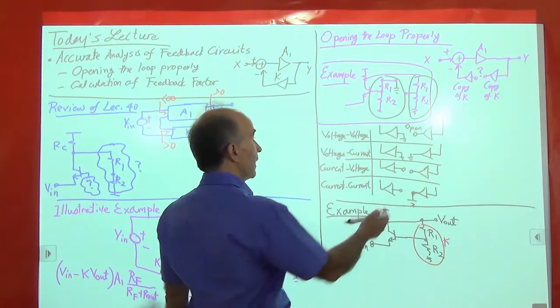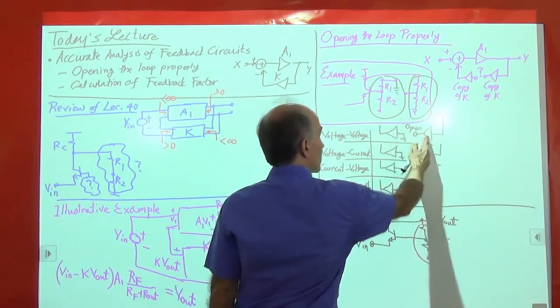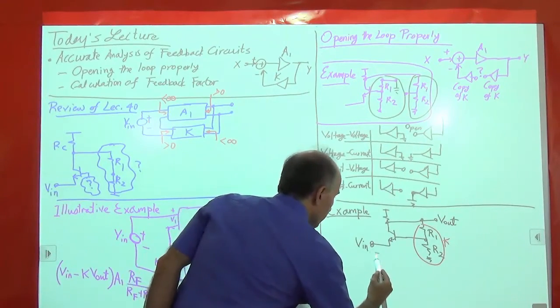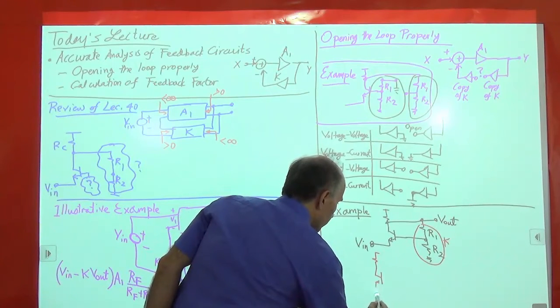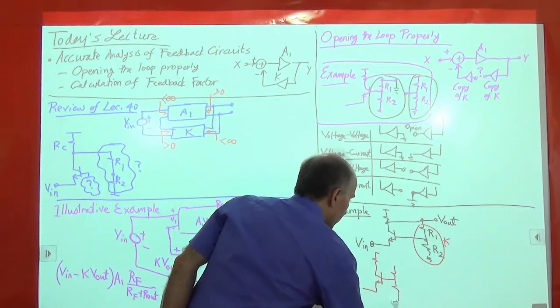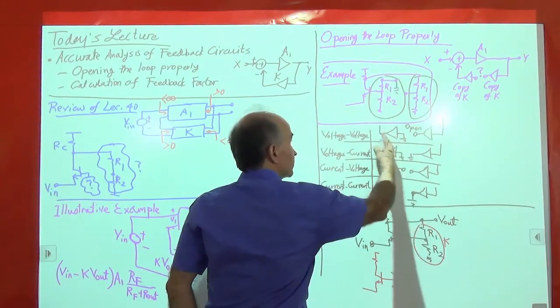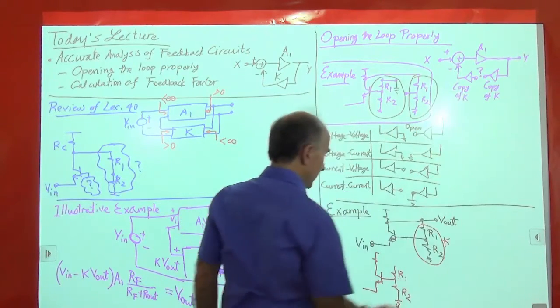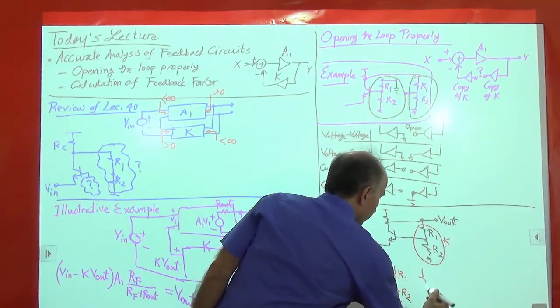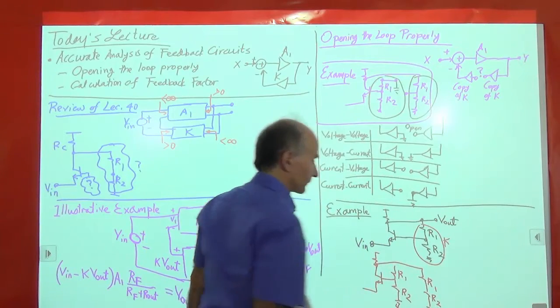All right, so now I go to this row and I say this is voltage feedback. So I have to make 2 copies of that guy. So here's what we have. 1 copy of the feedback network attached to the input, like so, and the other copy attached to the output, R1, R2, like so.